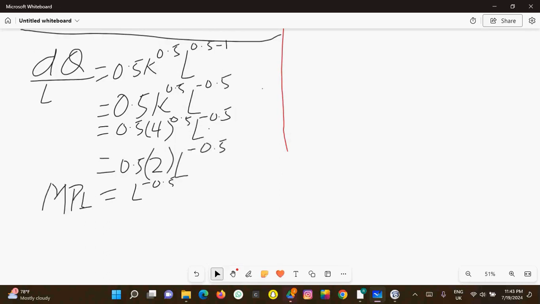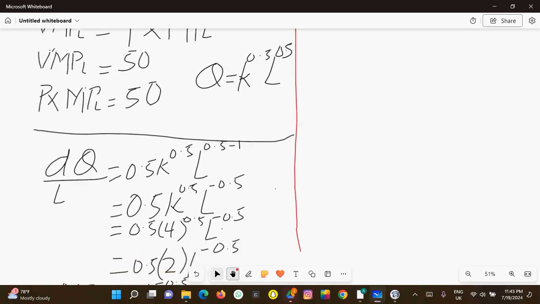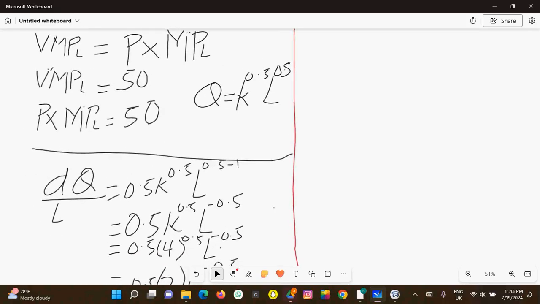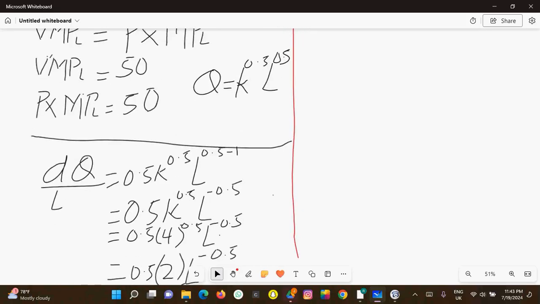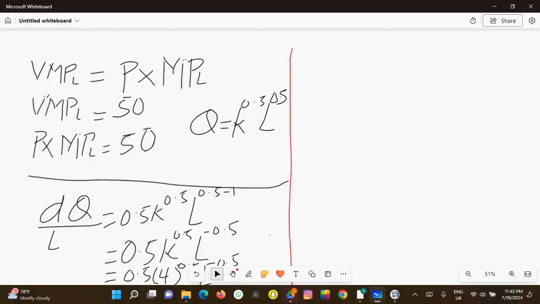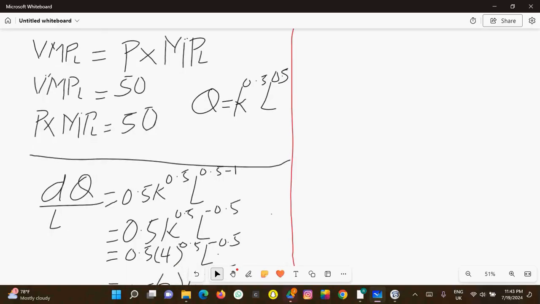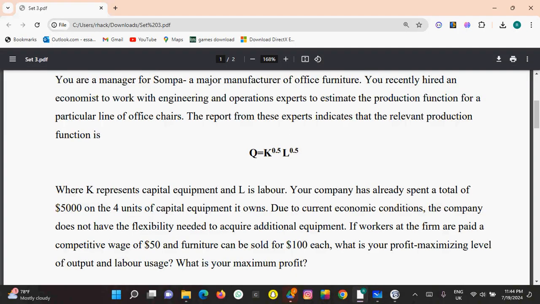Right. So remember that we are going to multiply price by the marginal product of labor and then equate it to 50 before we can get the profit maximizing level of labor. So now price here is the price at which the furniture is being sold.